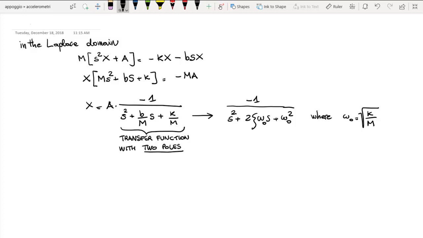So k over m is equal to omega 0 squared, so omega 0 has to be equal to the square root of k over m, and xi must be such that b over m is equal to 2 xi omega 0, which means that xi is equal to b over 2 square root of m k.